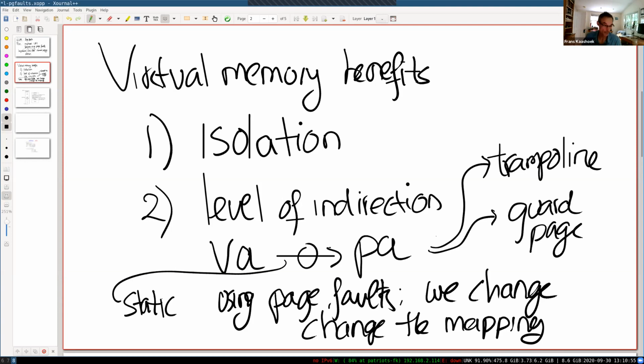If you combine page tables and page faults, the kernel has an enormous amount of flexibility, because you can change this level of indirection on the fly. So what we're going to be doing is looking at all kinds of usages of this dynamic remapping, or dynamic changing of the page tables, that gives us interesting features.